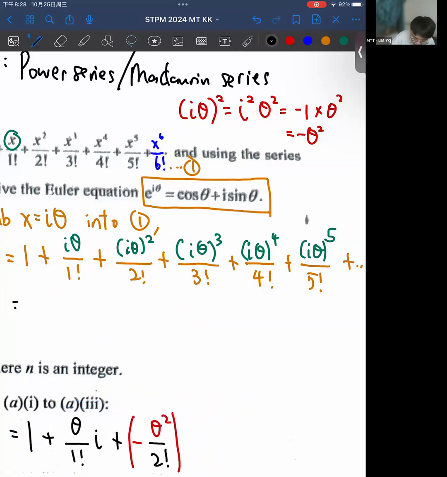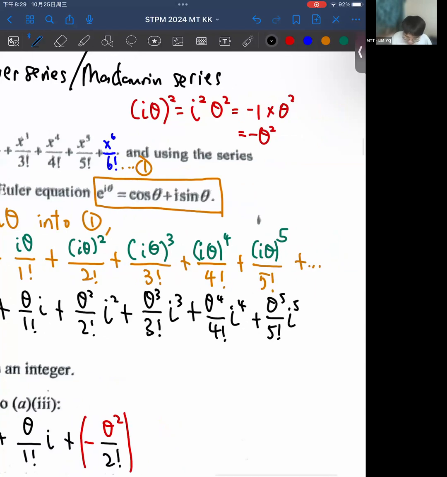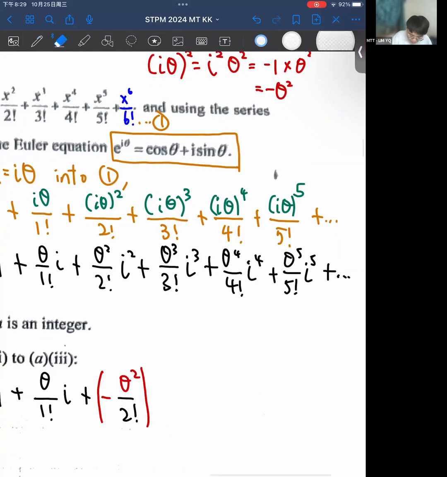You may put it like this: 1 plus theta i over 1 factorial plus theta squared over 2 factorial i squared. That means I haven't expanded the i squared yet. Plus theta power 3 over 3 factorial i power 3 and so on, plus dot dot dot.